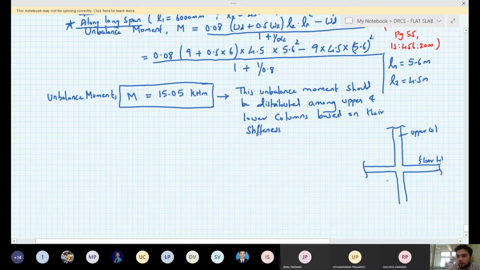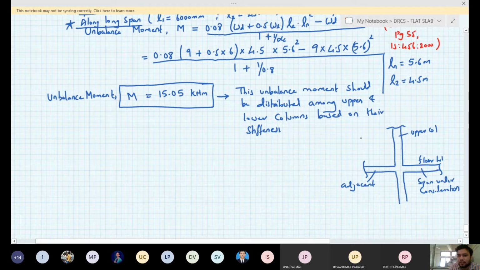Okay, this is adjacent span, this is span under consideration, and this is adjacent span, the value of which we have taken these values.